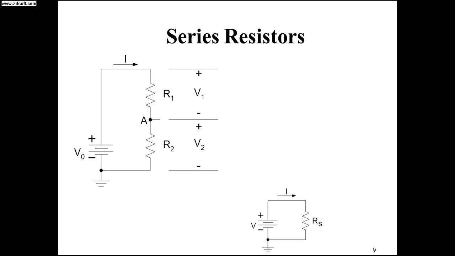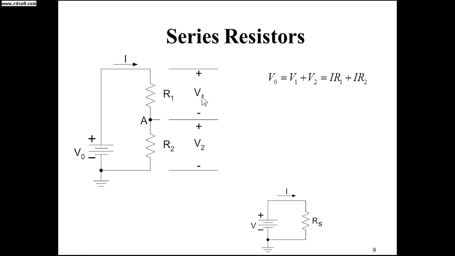Now we will consider series resistors. Again the voltage across R1 is V1 and across R2 is V2, and the applied voltage is V0. According to Kirchhoff's voltage law, V0 is equal to V1 plus V2. Since they are connected in series, the current remains the same.